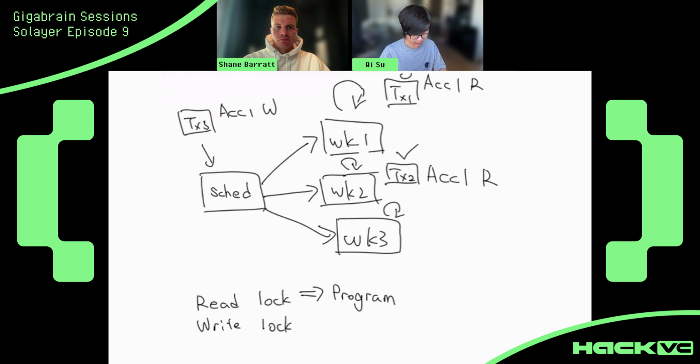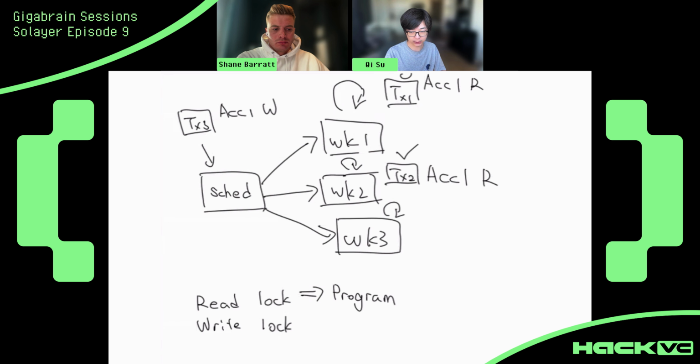Okay, cool. Then that's pretty much about Solana's scheduler. There are some smarter algorithms to detect that. Say in this case, you have transactions 1, 2, 3, all coming at once.